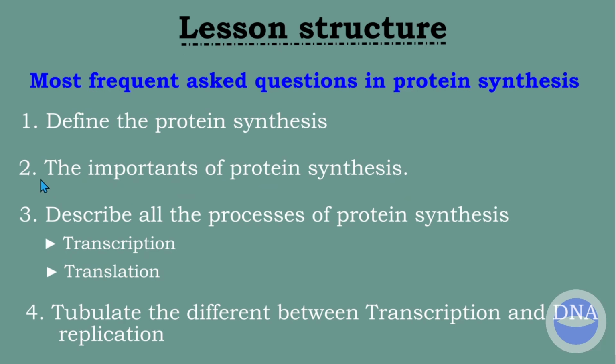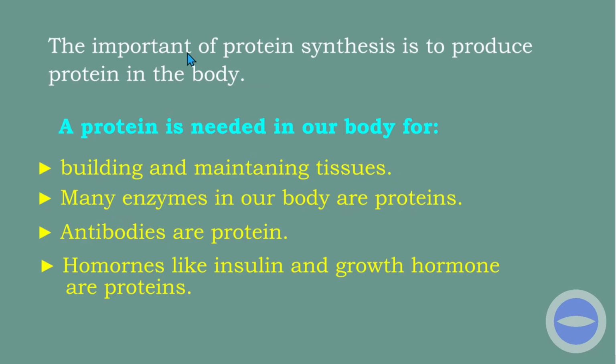Number 2, the importance of protein synthesis. Why is protein synthesis necessary in our body? The importance of protein synthesis is to produce proteins in the body. Our body needs protein for building and maintaining tissues.